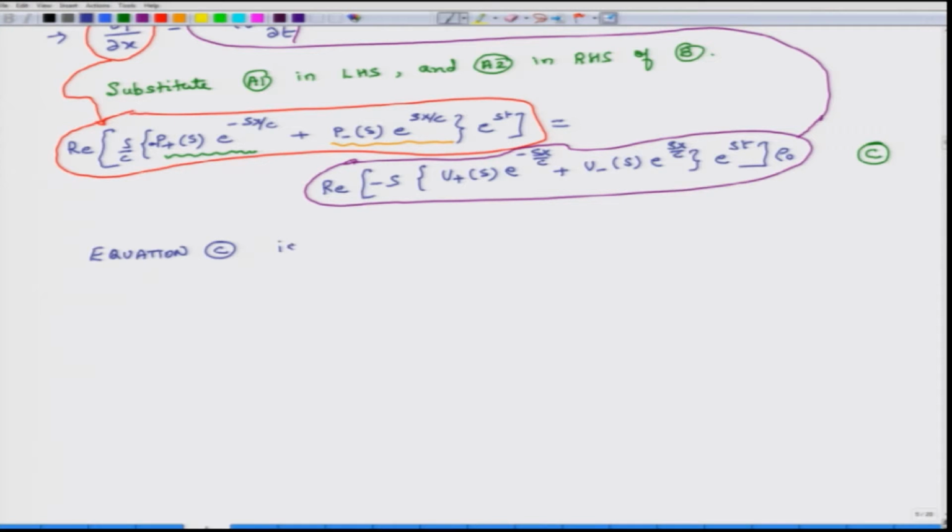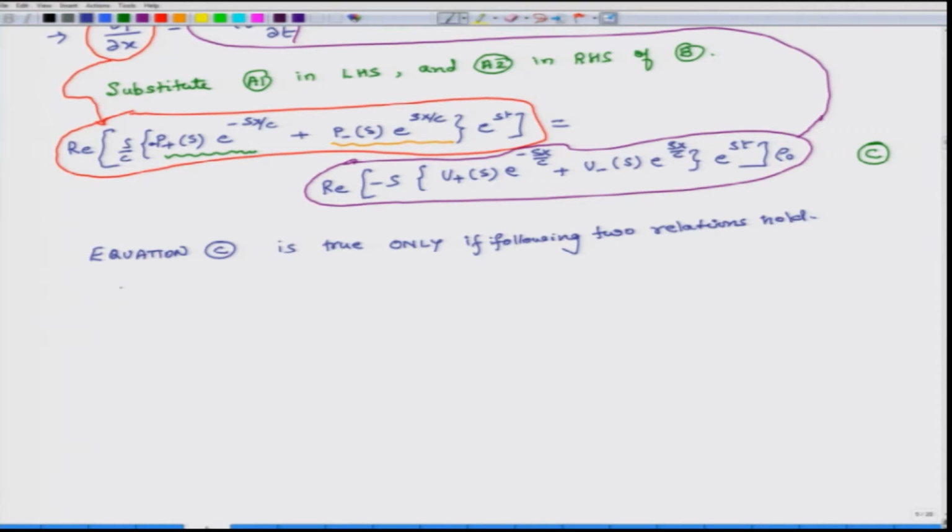So, equation C is true only if following two relations hold. So, what are those two relations?